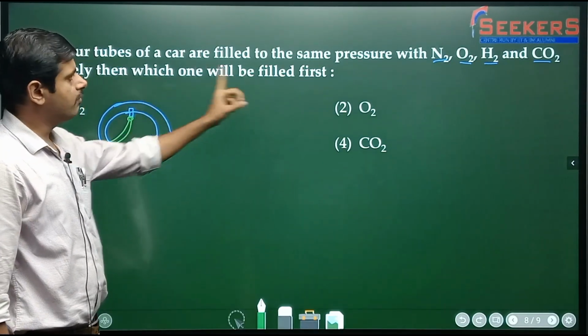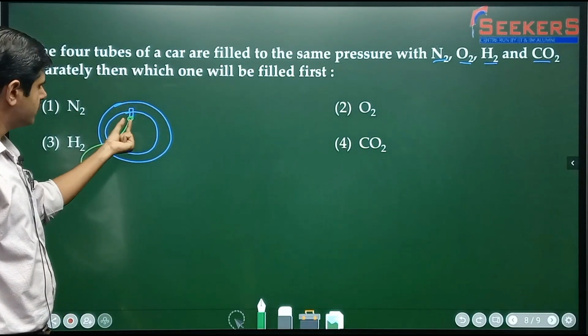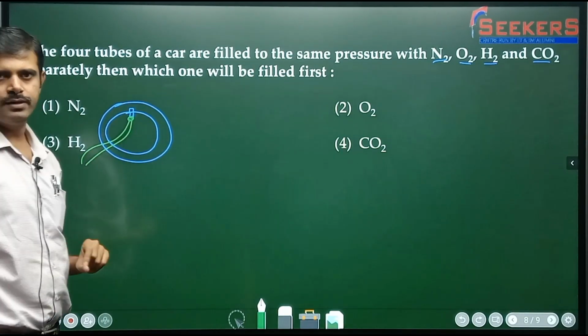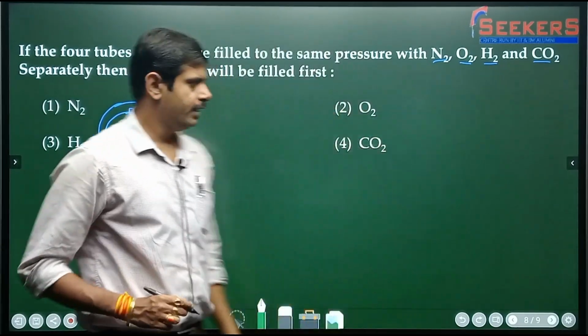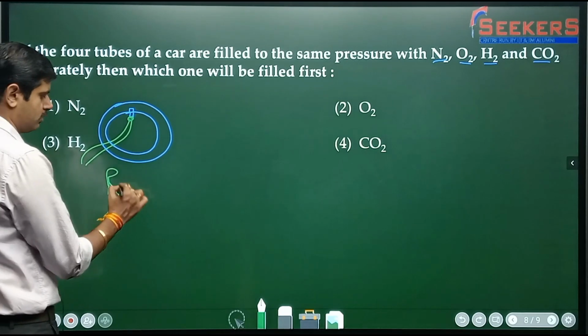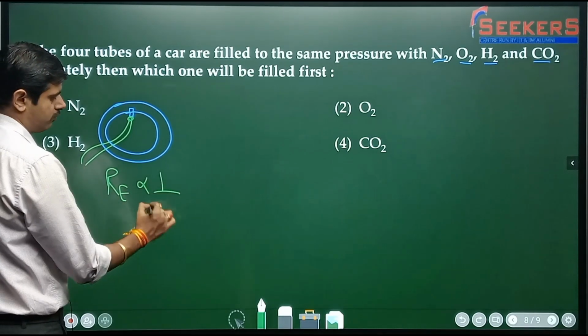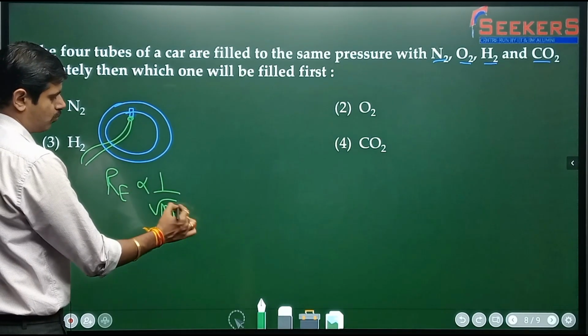Now see, that tire will be filled first for which the gas will pass through this hole very easily or very fast. So which one? We know that rate of effusion is inversely proportional to root of molecular mass.